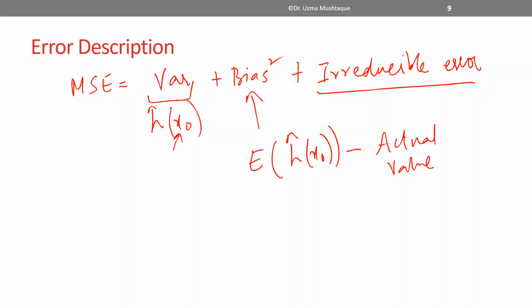So it's calculating the difference between the fitted expected value over the entire training set minus the actual value that's there in the test set, right? So therefore, as flexibility increases, as we saw in the previous graphs, variance increases and bias decreases, right? Therefore, choosing flexibility based on average test error results in bias variance trade-off.